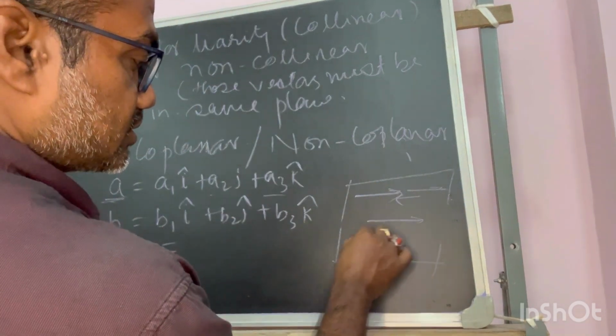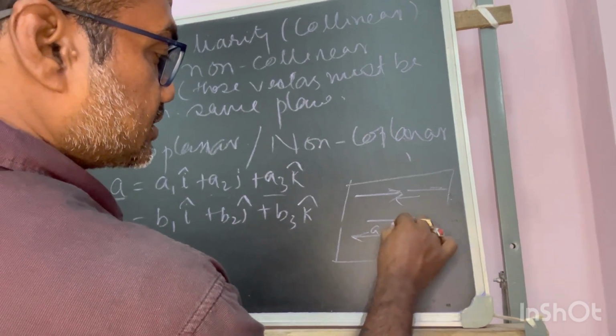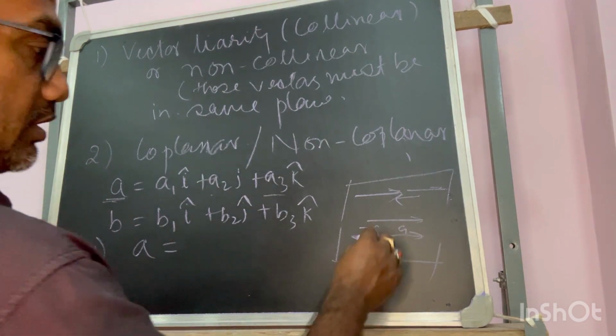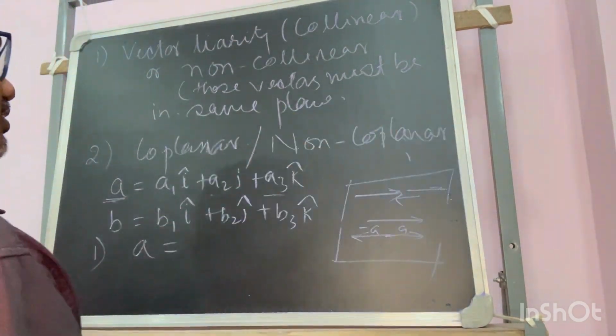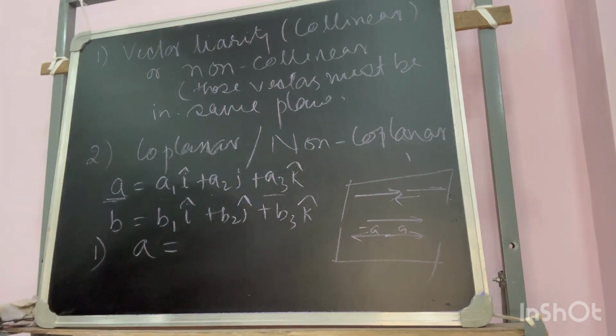If a is a vector, then the opposite vector minus a is also parallel or collinear. In all such cases, they follow the linearity rules, which I am talking about right now.